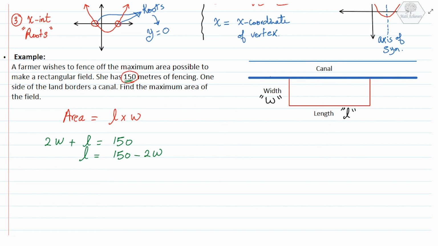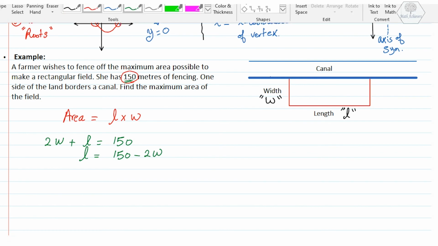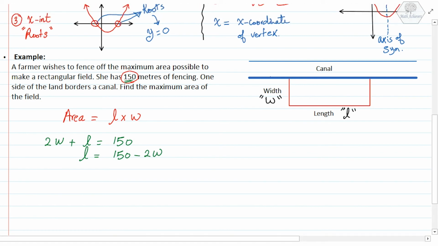After that, I take this value of L and substitute it in the area equation. So I'll have the area equal to (150 minus 2W) times W. Let's just expand it.